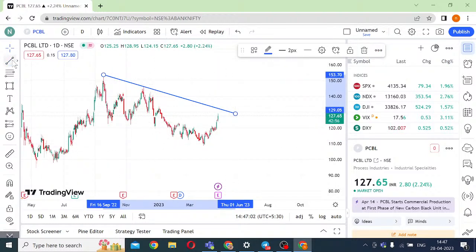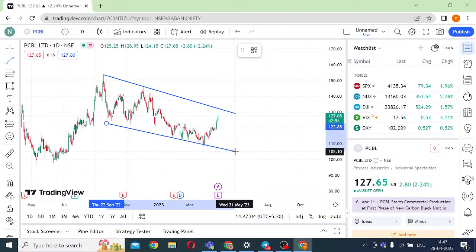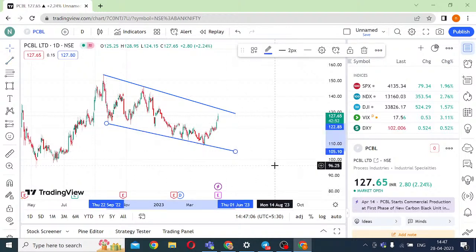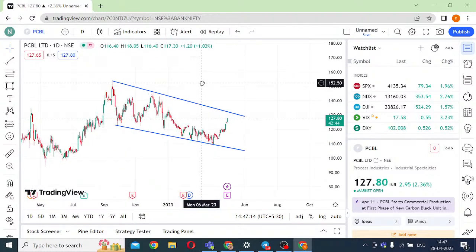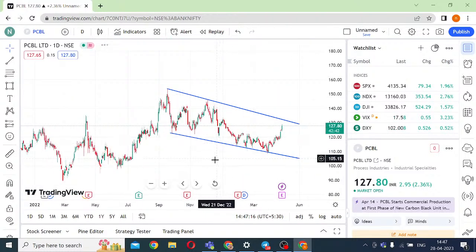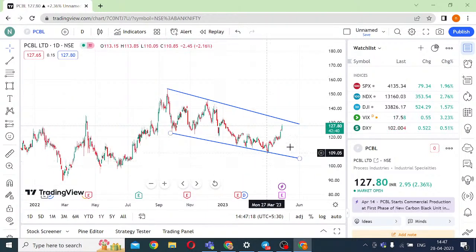It's actually in a narrow channel right now. So I think it took support around this level, and from there it has been going up. Jigar, if you have bought it around this level, 118, 119, then you can hold till 132.